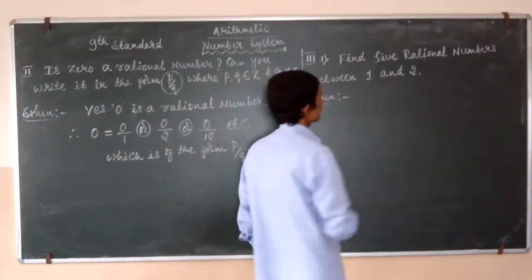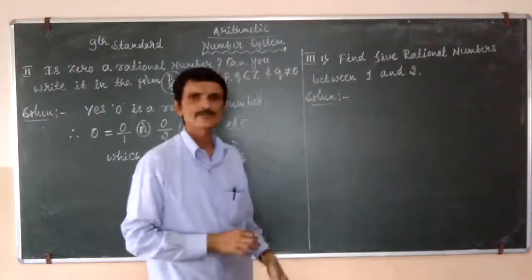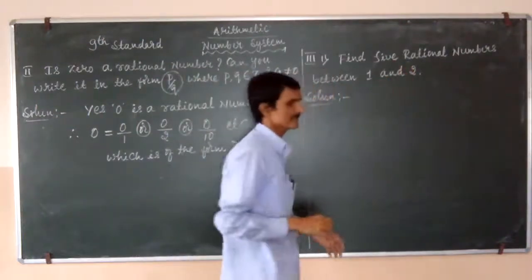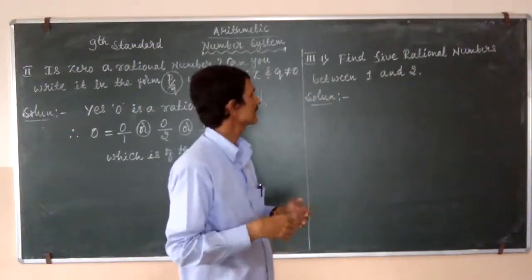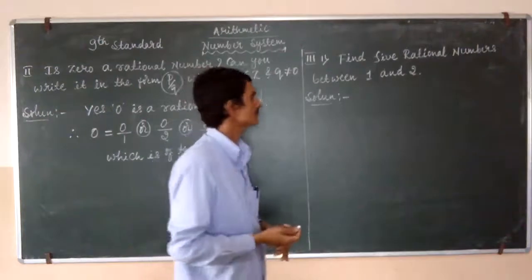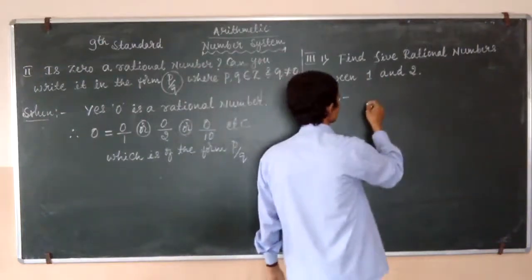To write this, we have to convert these 1 and 2, that means convert them to the p by q form.